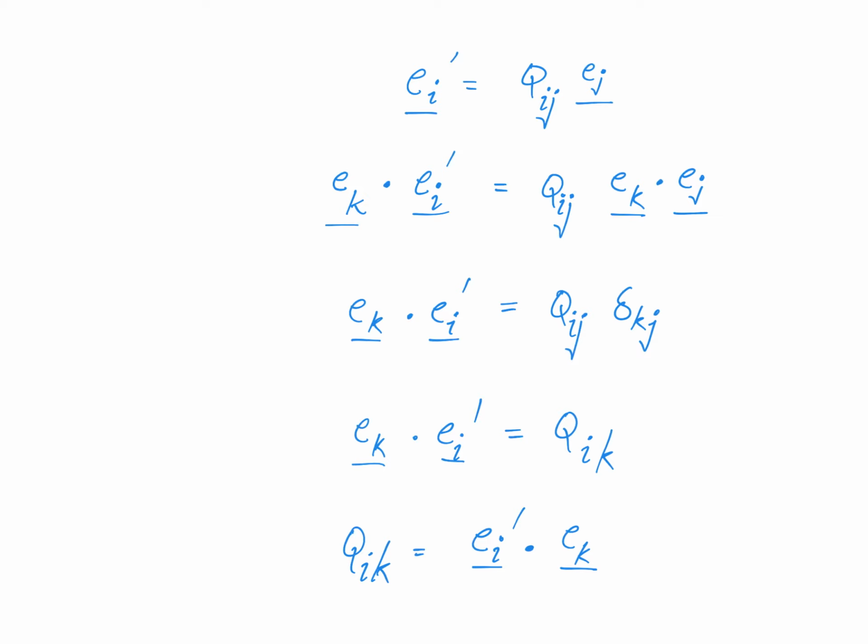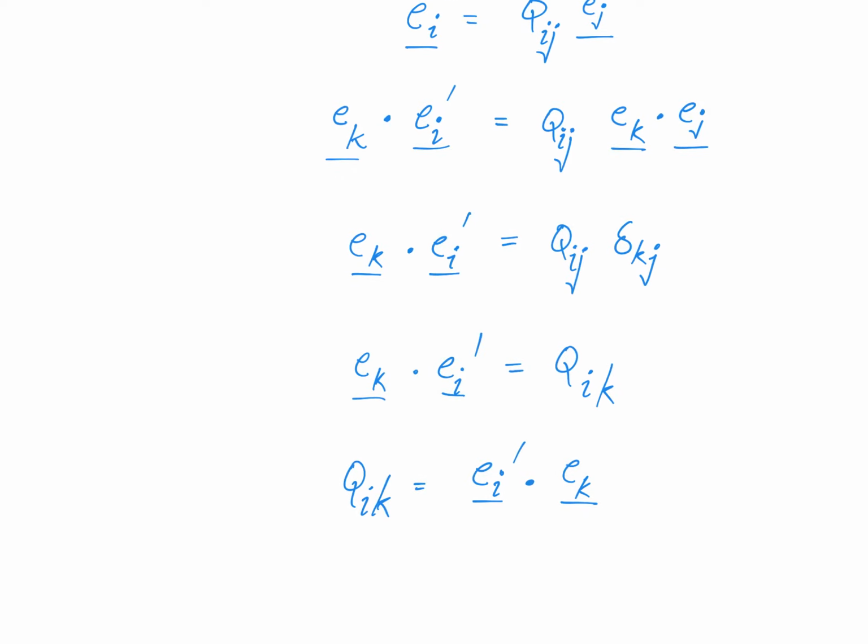So this, and from coming here to here, what I'm doing is a dot b is the same as b dot a. So I'm telling you any element in the coordinate transformation matrix is the dot product of the new basis vector with the old basis vector. So q ik is e i prime dot e k. Sorry, e k.